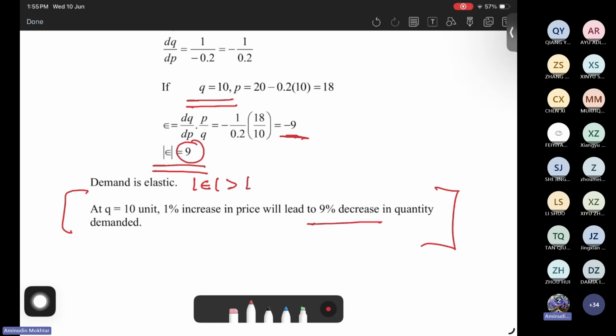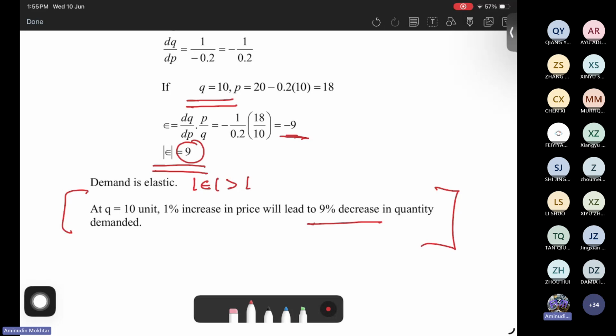This 9 is also known as 9%. No need to times 100. Since the value of the elasticity is 9, we can consider it as 9%.